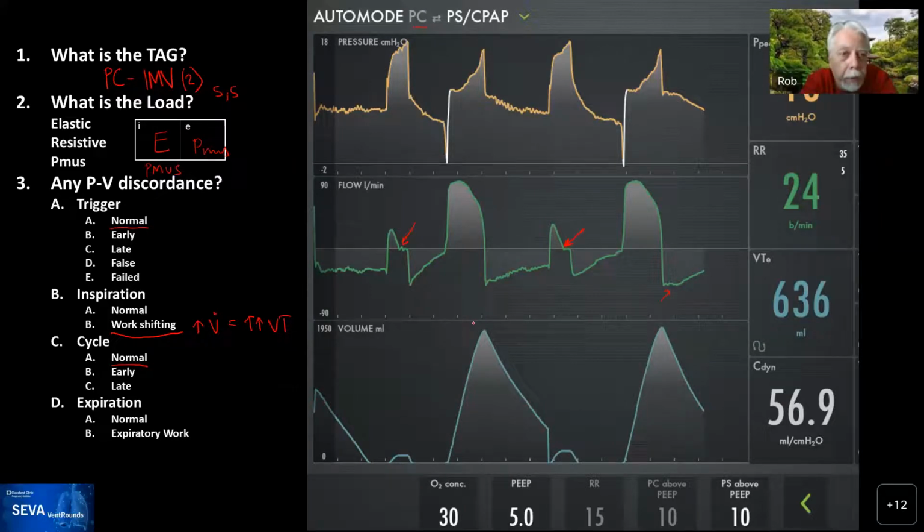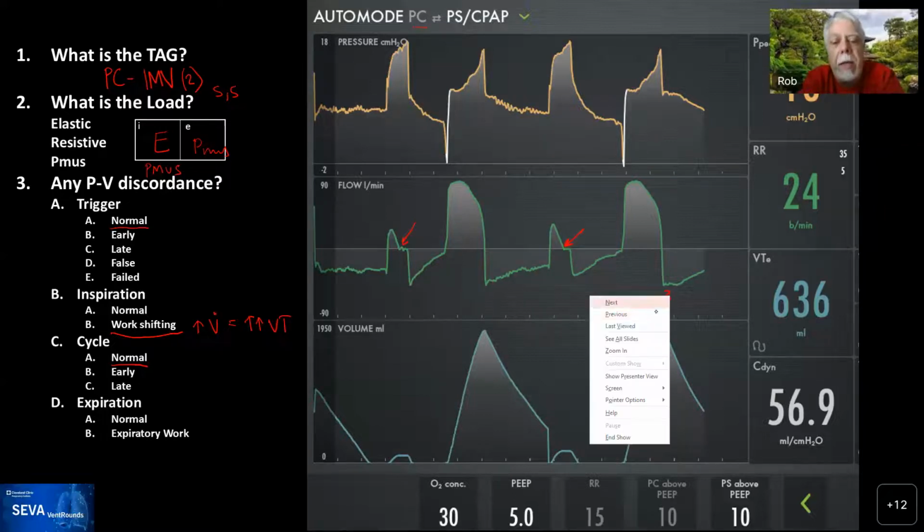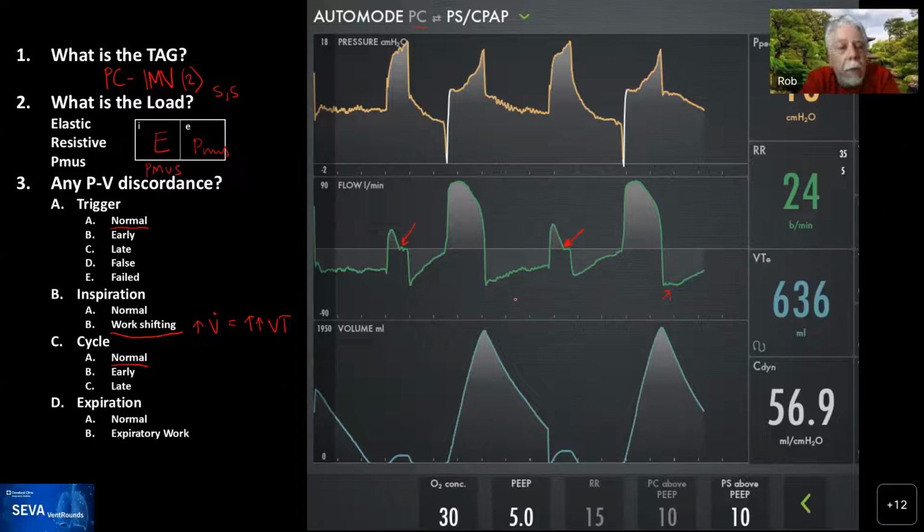But they seem to be about the same. So there might be some evidence there, and on the last breath, you pointed out there's actually a deformation of the peak expiratory flow. So I would say that's indication to me of early cycling. So the way to fix that would be to drop the cycle threshold, because the machine is trying to shut off before the patient's inspiratory effort has shut off.